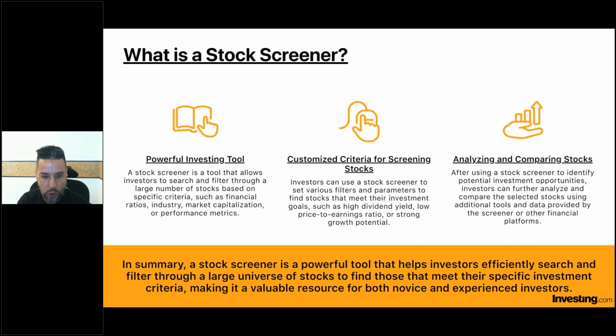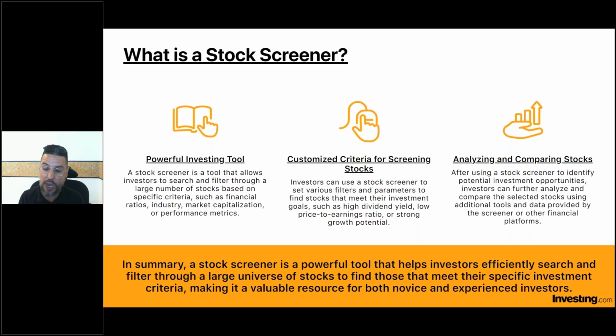Investing.com has localized features for many different markets, so that's a very big plus. You have the ability to customize and play with various filters and parameters in order to find and identify those stocks that match your investment goals. So the stock screener, in terms of that, is pretty much ideal.